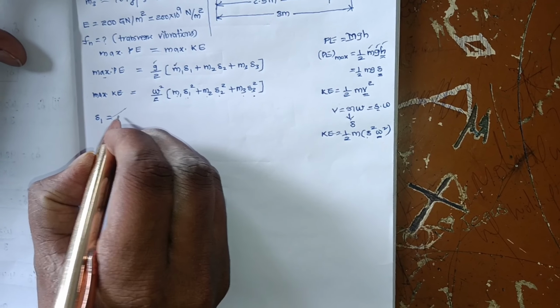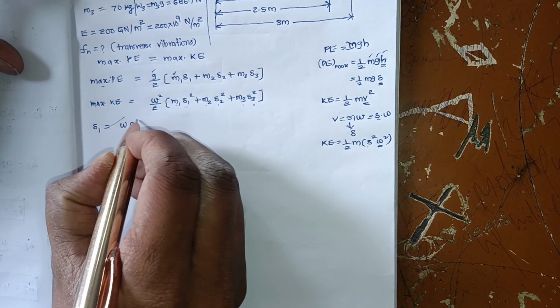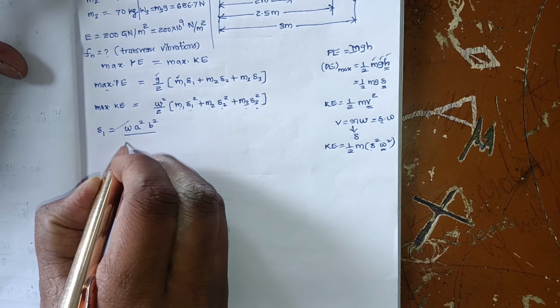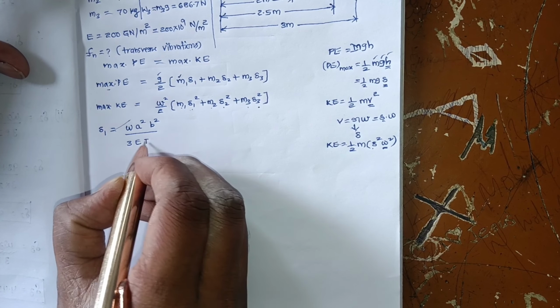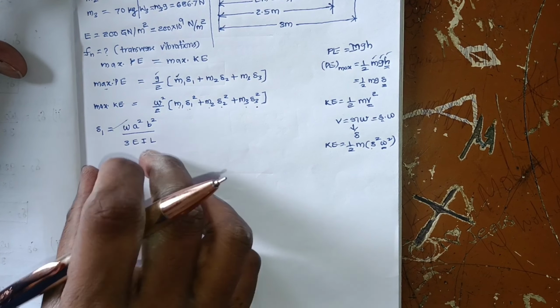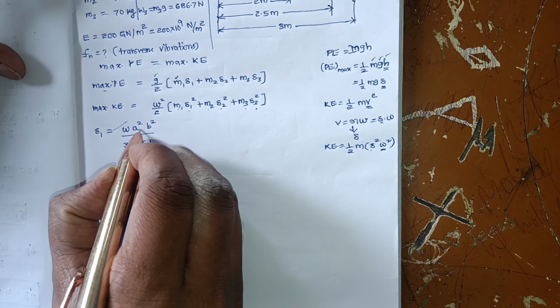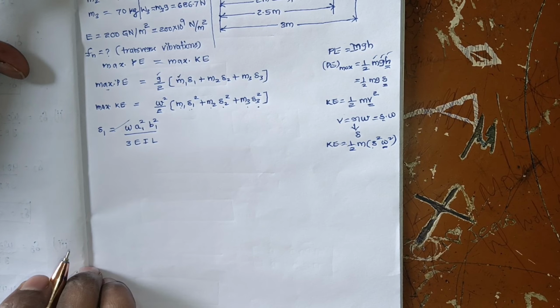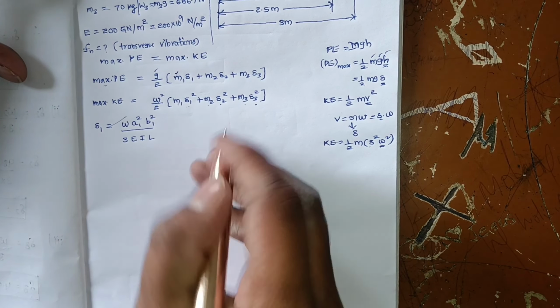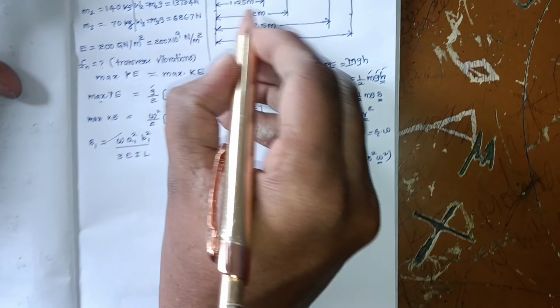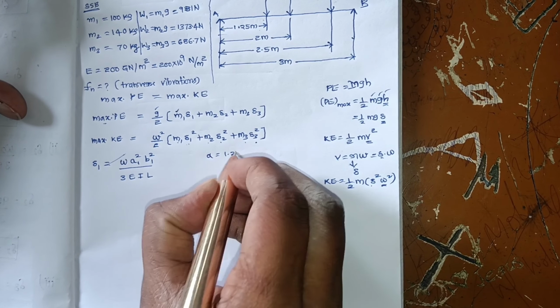For that the formula is W A square B square by 3EIL. This is for deflection. We are finding it for mass m1, so a1 square b1 square. Here you have to take the A value. Here A is 1.25 meters.